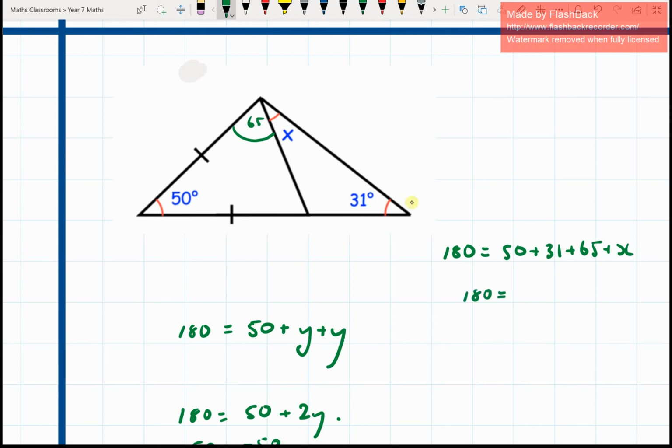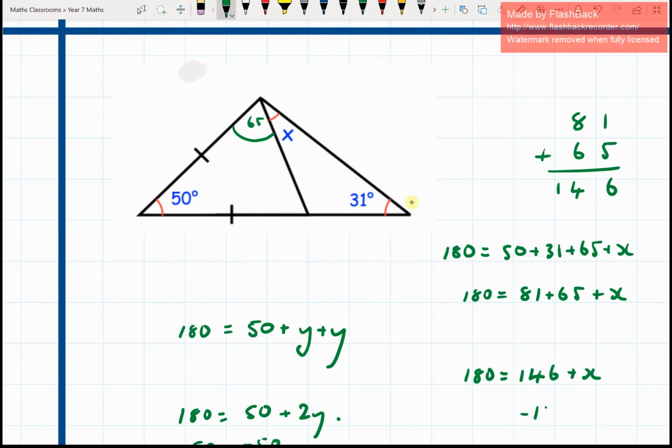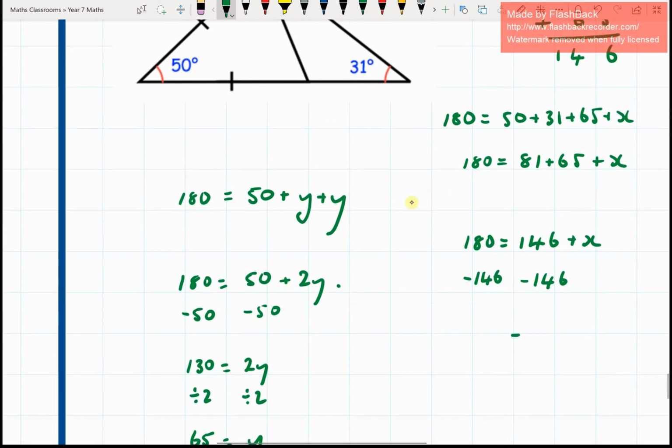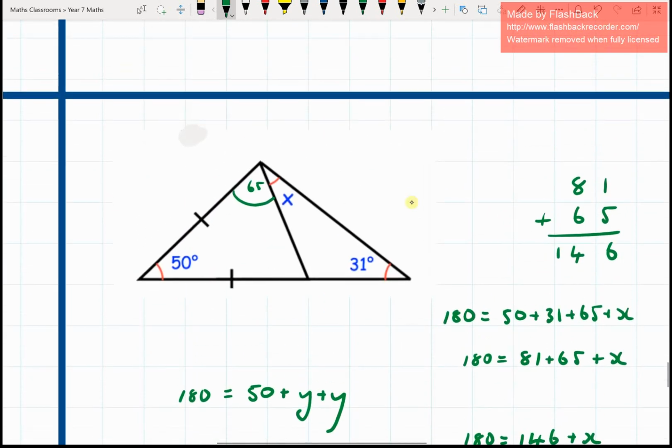So I have 180 equals 81 plus 65 plus x. And then the next one is I add those two up, and we might have to do this old school. So I've got 6 and I've got 14, so I have 1, 4, 6, and plus x. Remember what I do now? I subtract away 146 from both sides, and I end up with 34, which equals x. So we have 34 there.